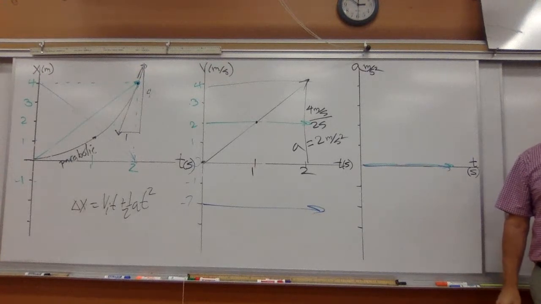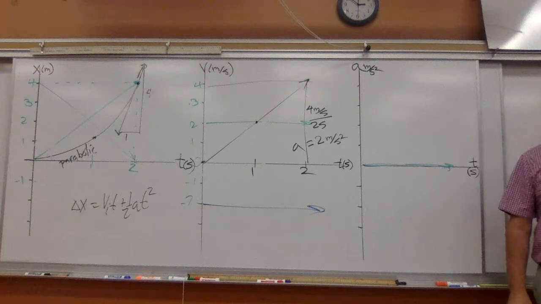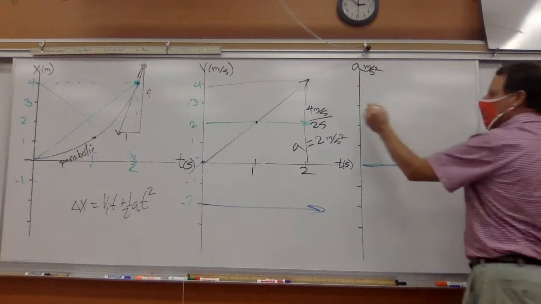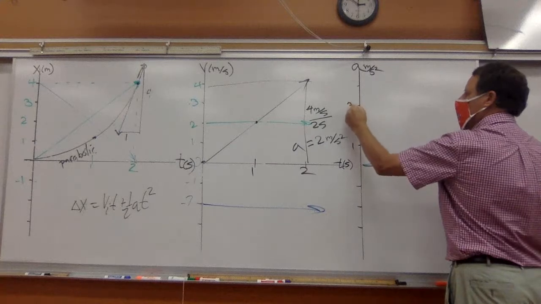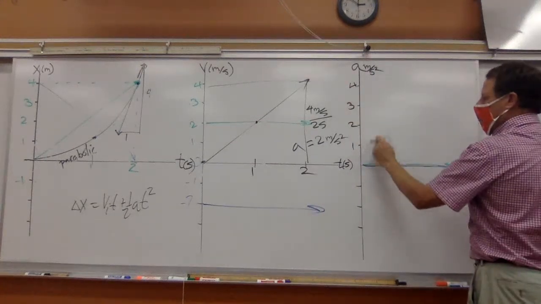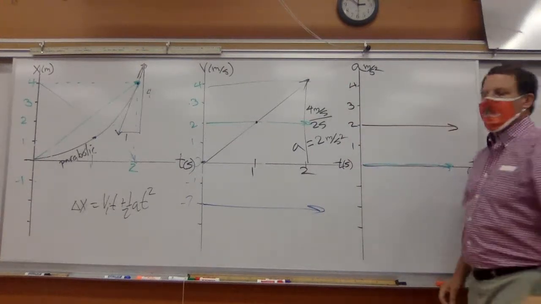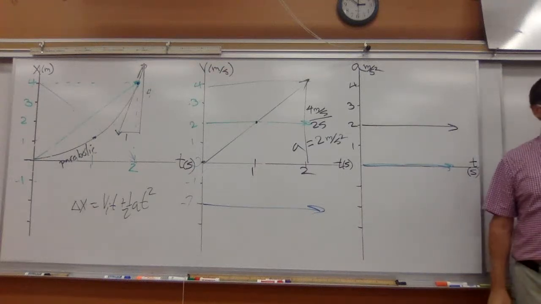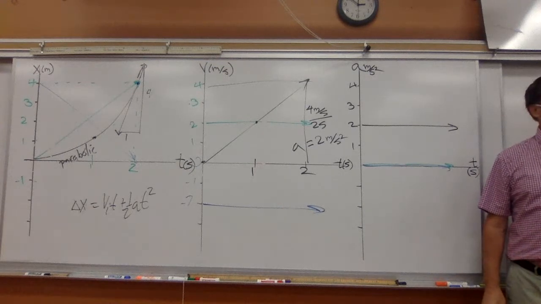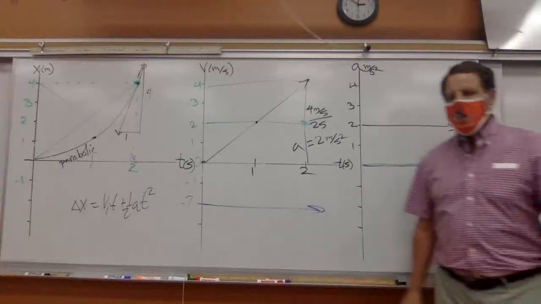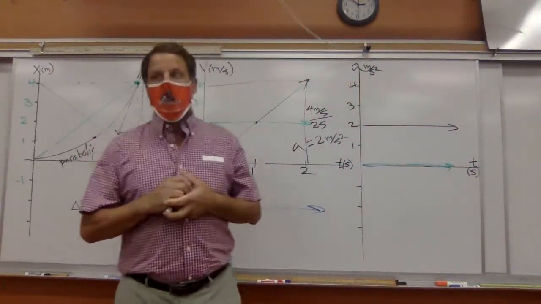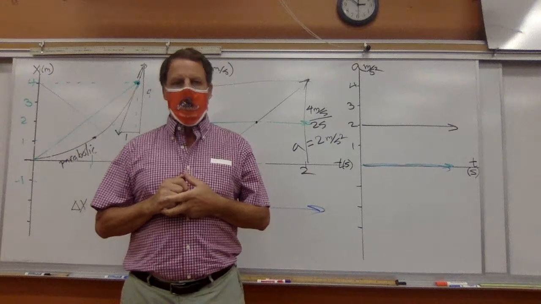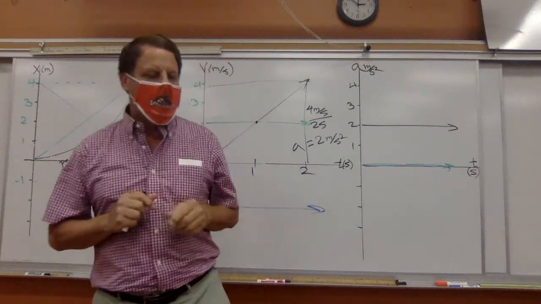It's going to be a straight horizontal line at 2, and that is going to be like that. Okay, pretty straightforward.